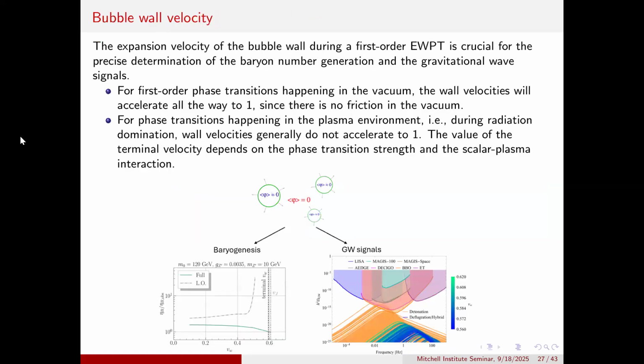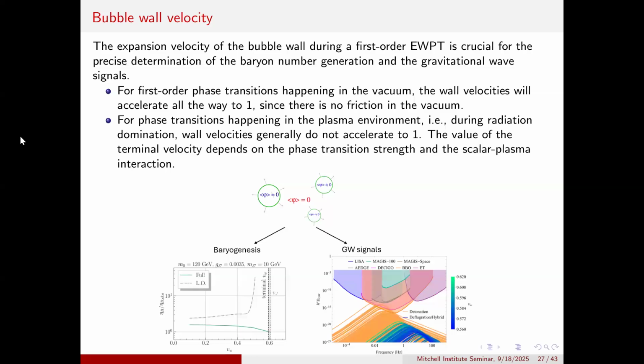So, and then I'm going to switch gears a little bit to talk about another aspect of the phase transition. So we know that the phase transition is happening, and we found the parameter space where it's strong enough for baryogenesis.